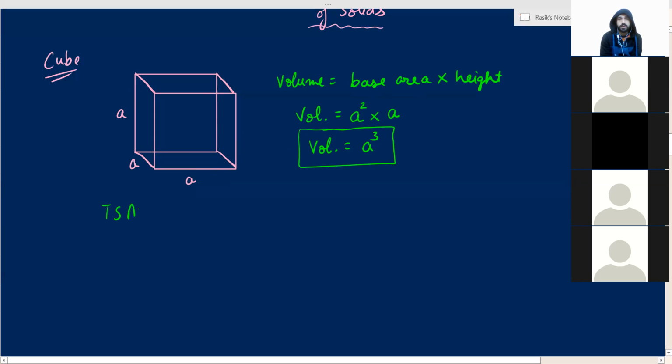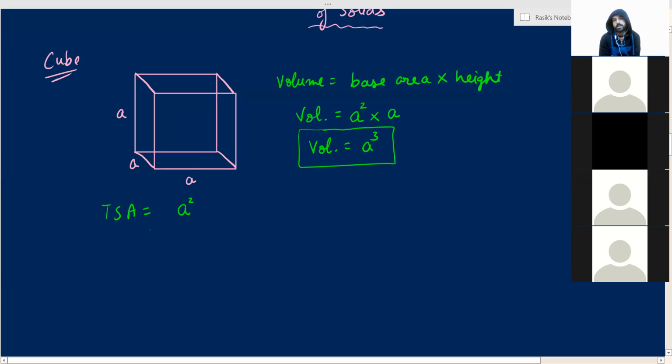Total surface area of a cube. Each surface of the cube is a square. There are six square surfaces in a cube, and the area of each square is A square.